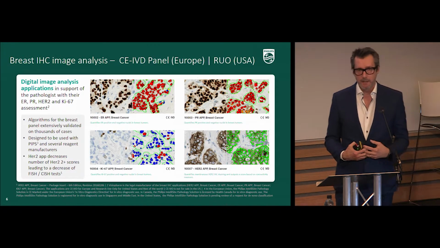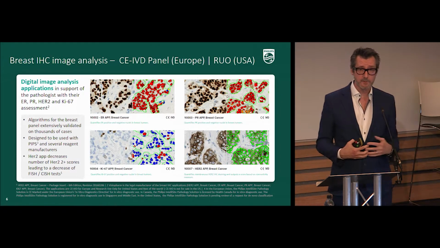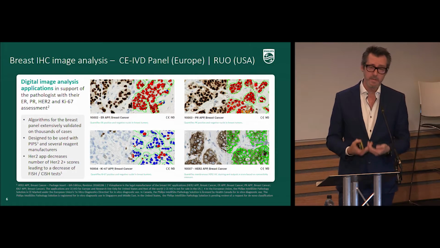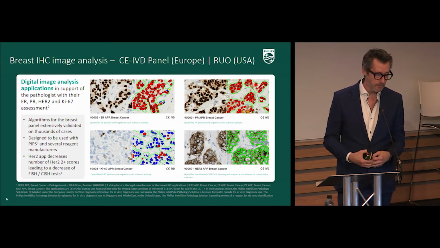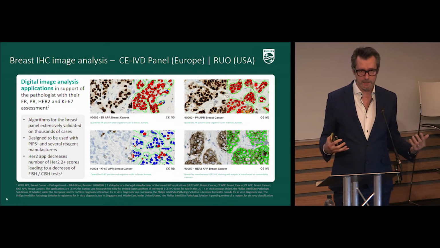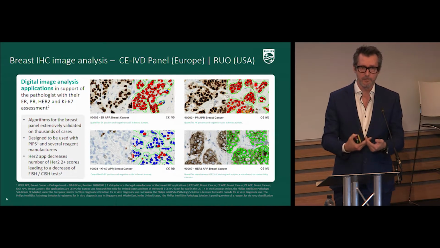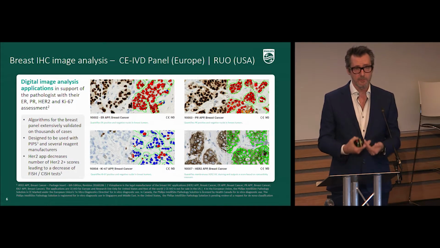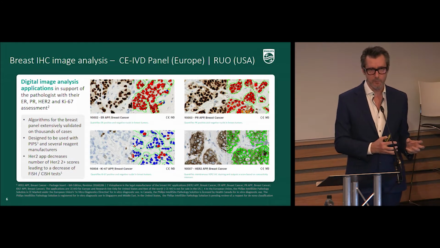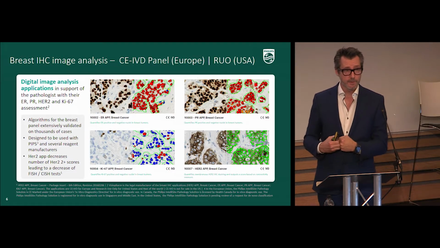We've embedded a range of algorithms for the breast IHC panel, ER, PR, Ki67, HER2, where these algorithms that have been validated on large data sets, have been tested to perform and provide objective quantitative data, but where they're not sitting as a separate application outside of the workflow, but where they're embedded within the digital workflow.